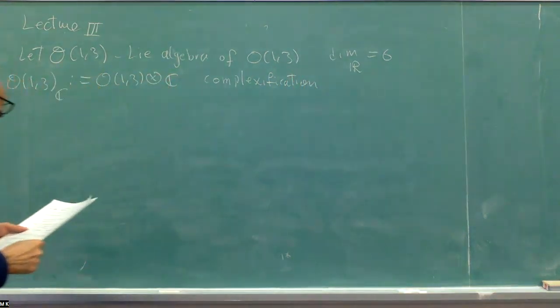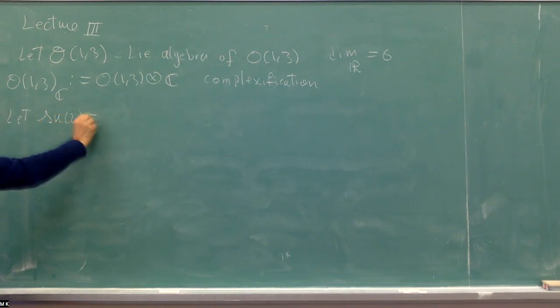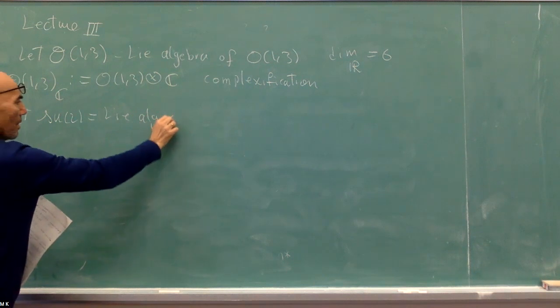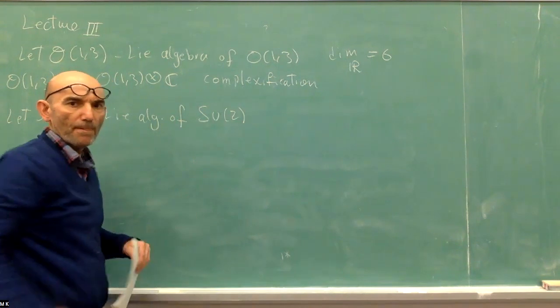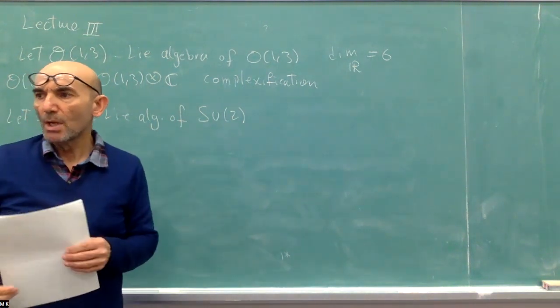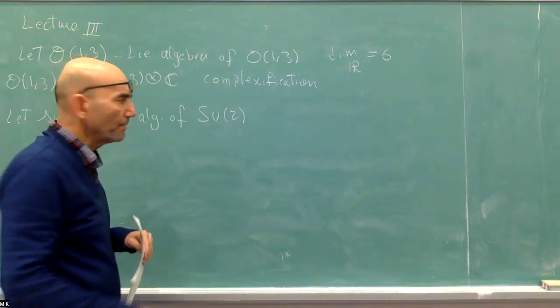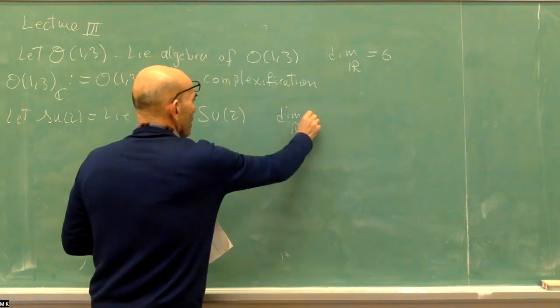And also we need su(2), the Lie algebra of capital SU(2). This is a real Lie algebra of dimension 3, dimension over R is 3.